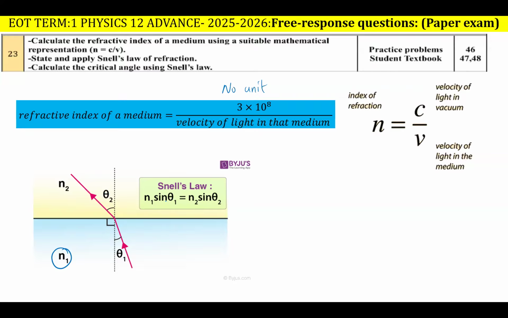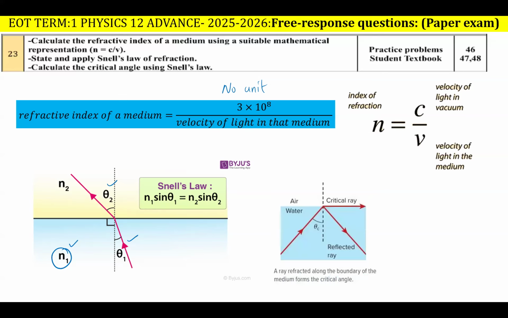So I can write n1 sine theta 1 equals n2 sine theta 2. This is Snell's law. If you know the value of n1, theta 1 and theta 2, you can find out the value of n2. So using this equation, you can calculate any missing values.